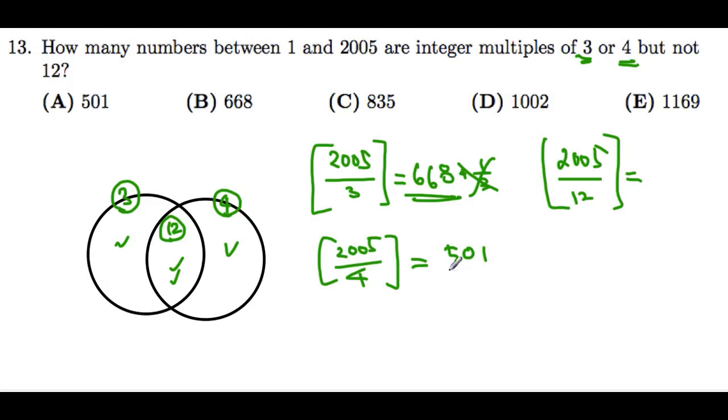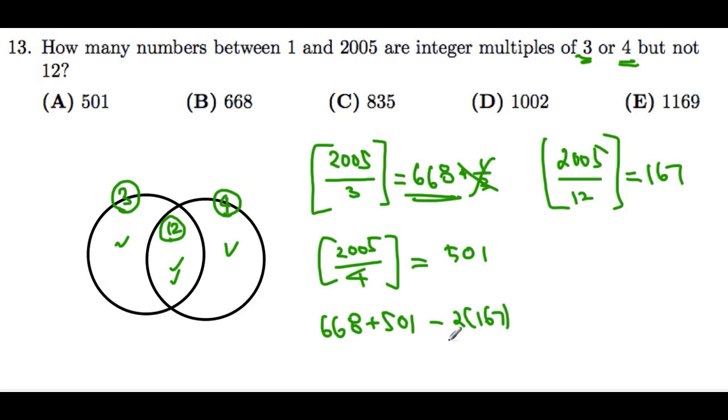Then you will see that this would have been equal to 167. But we have to take them out 2 times. So our answer will be 668 plus 501, but minus 2 times 167. That becomes our final answer.